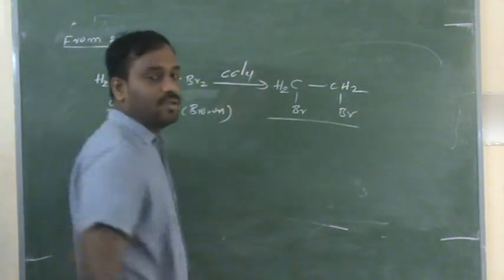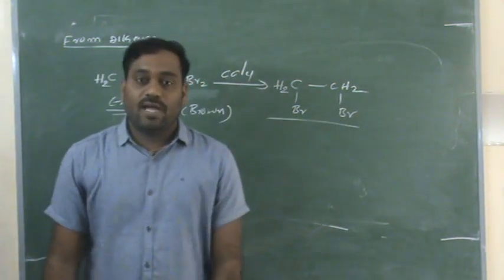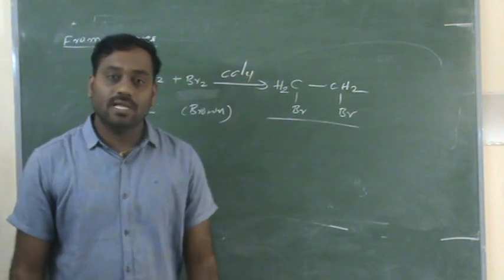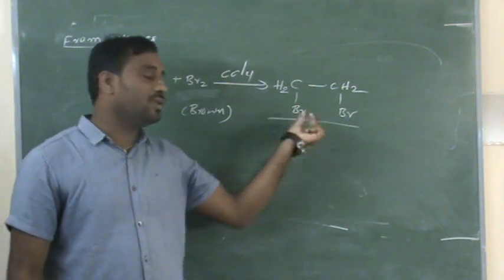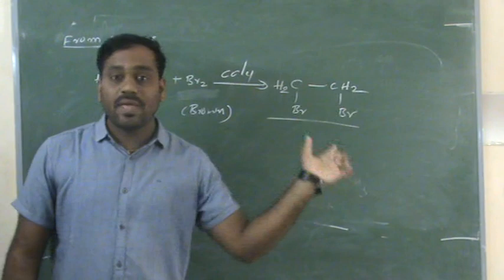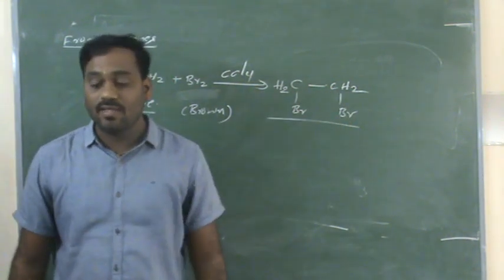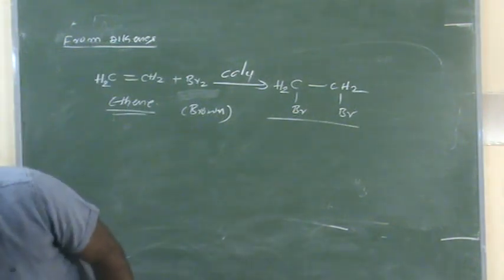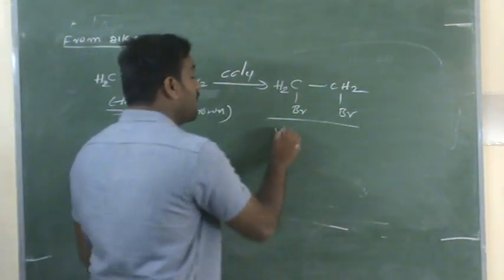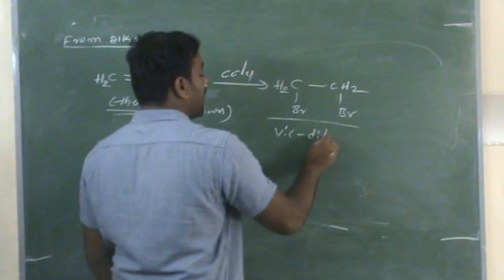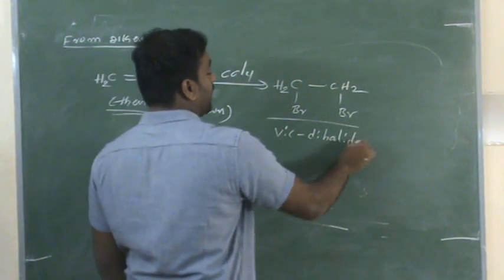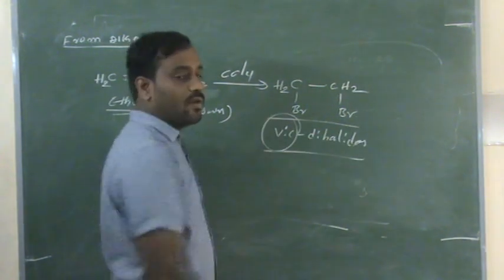This is called electrophilic addition. But with electrophilic addition, what do we get? Two Br attached, two halogens are attached here. That's why it is called dihalogen compounds. Now this is a vicinal dihalide. What is the meaning of vicinal?